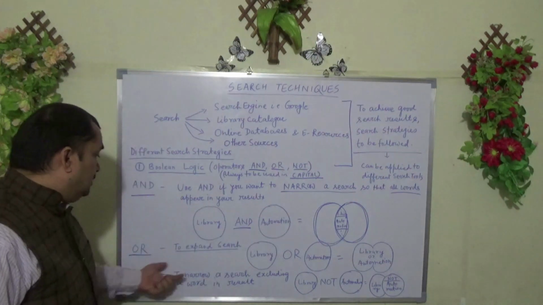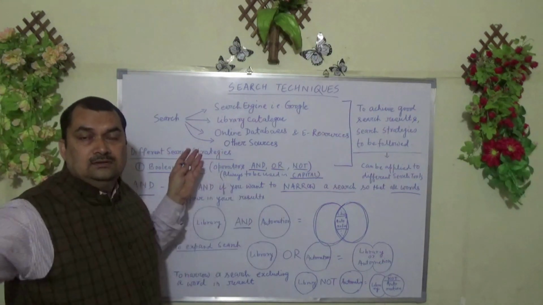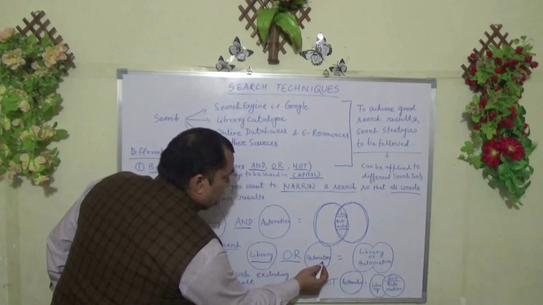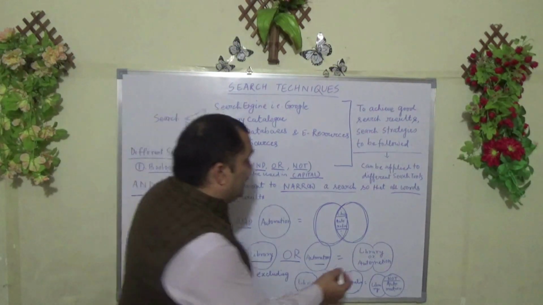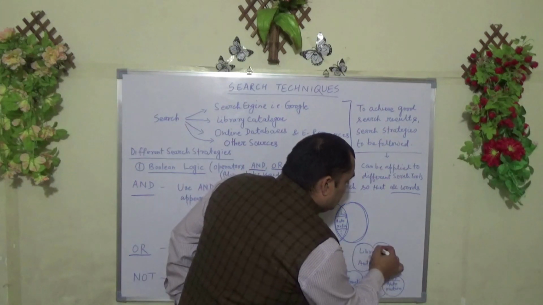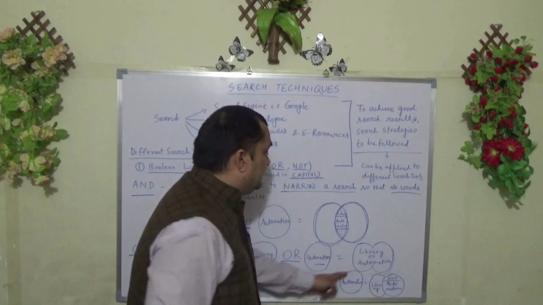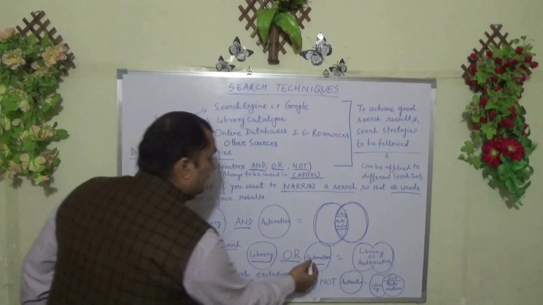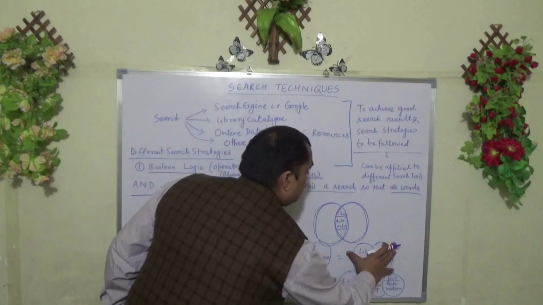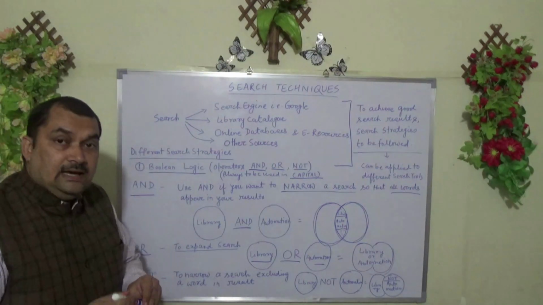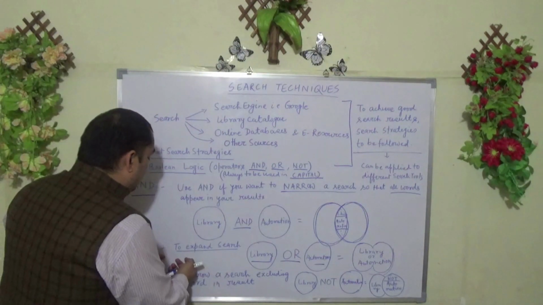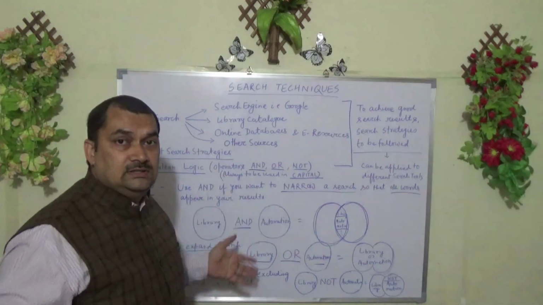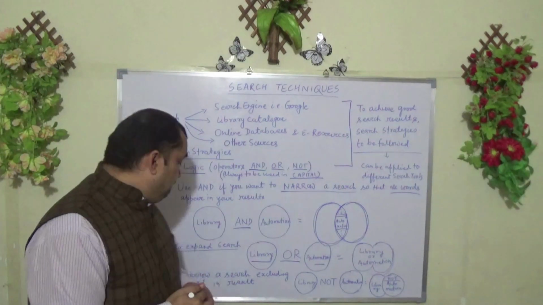But when we talk about OR, it is expanding the total search. You can see library, this is the operator, this is automation. So you can see it will give the total result wherever it gets library or automation. Wherever it finds library or automation, it will give the search result as a whole. So it helps when we want to expand our search based on our keywords.